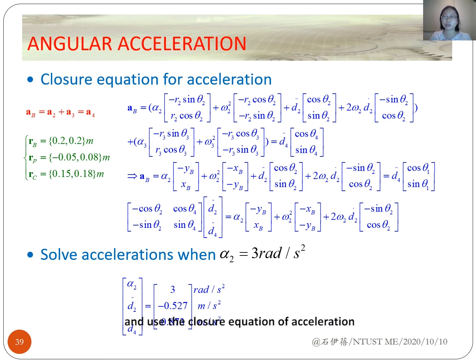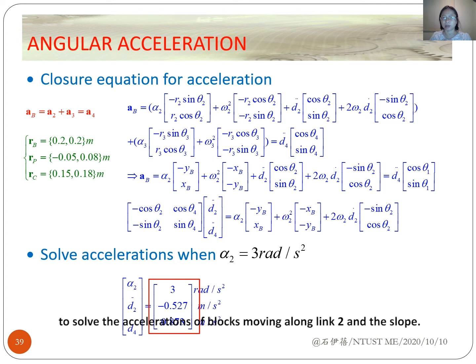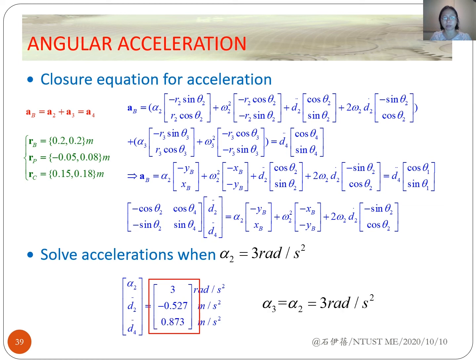And we use the closure equation of acceleration to solve for accelerations of blocks moving along link 2 and the slope. The angular acceleration alpha 3 is also equal to alpha 2.